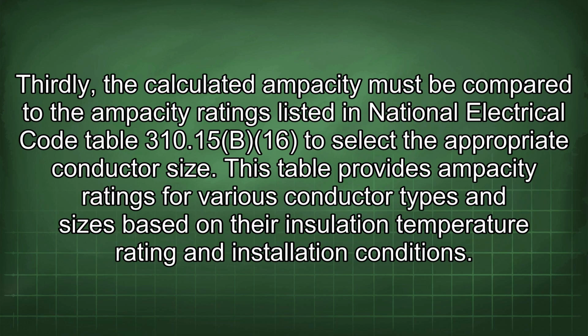Thirdly, the calculated ampacity must be compared to the ampacity ratings listed in National Electrical Code Table 310.15(B)(16) to select the appropriate conductor size. This table provides ampacity ratings for various conductor types and sizes based on their insulation temperature rating and installation conditions.